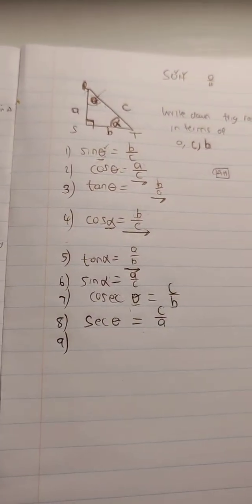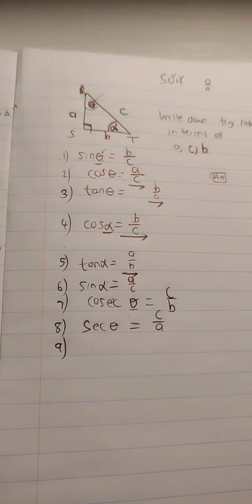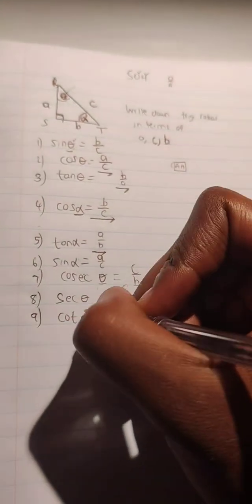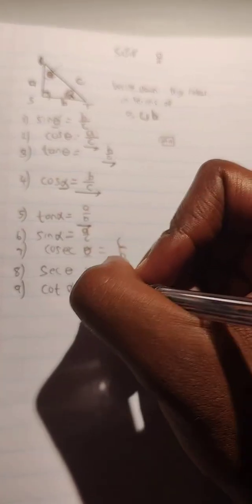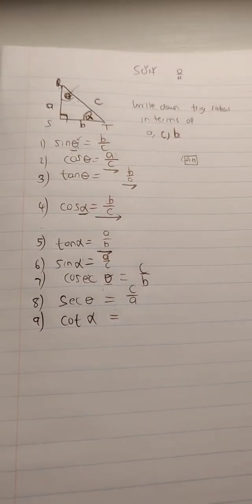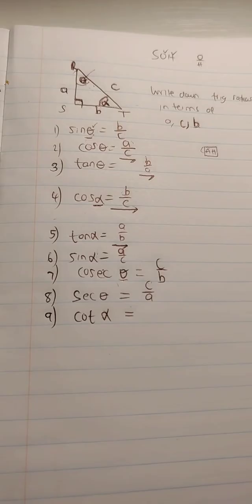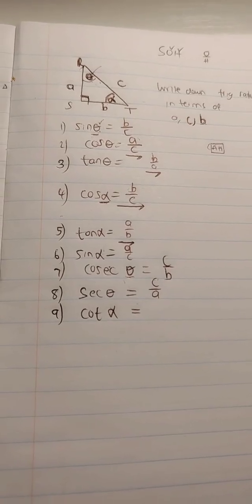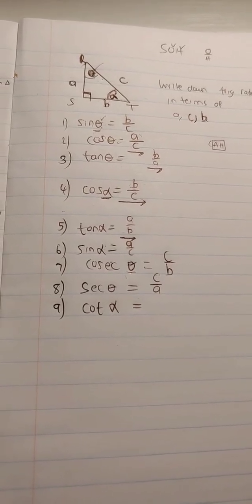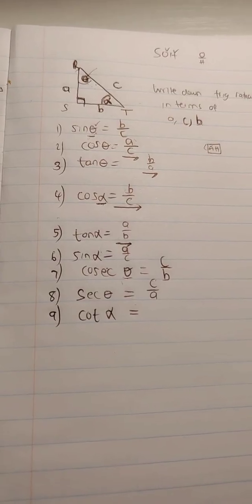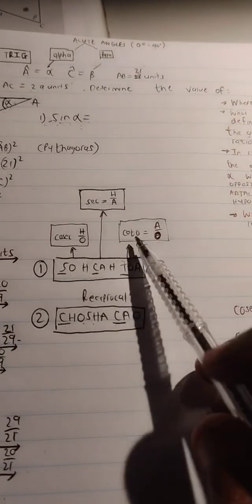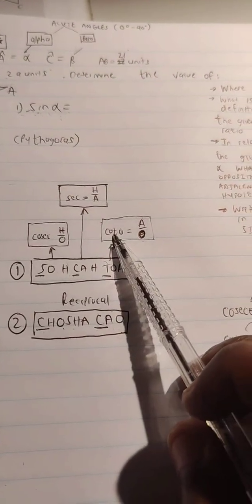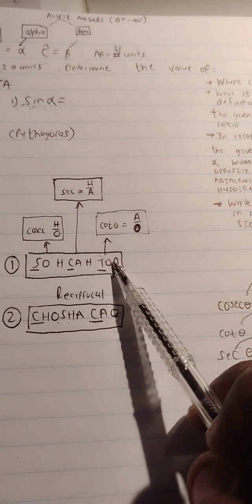Question 9. Cot alpha. What is cot alpha? Remember, cot is the reciprocal of tan.